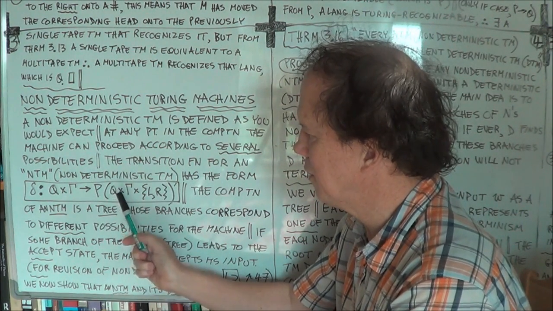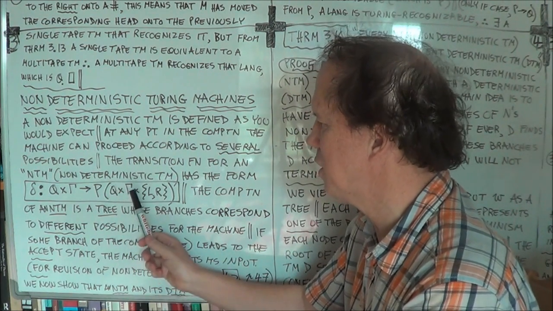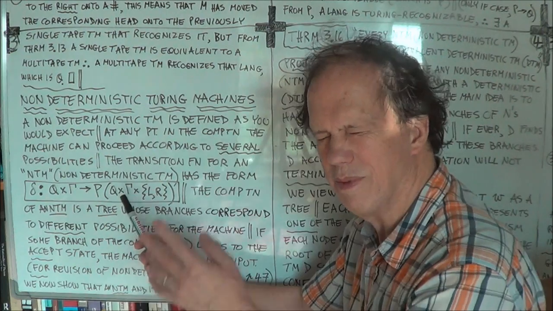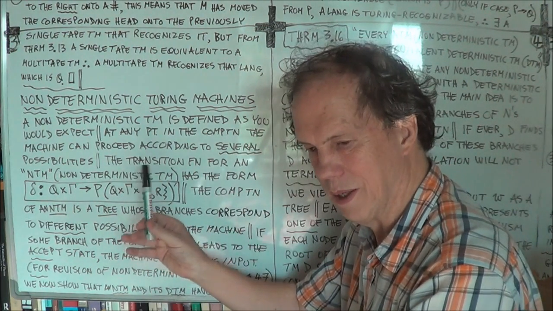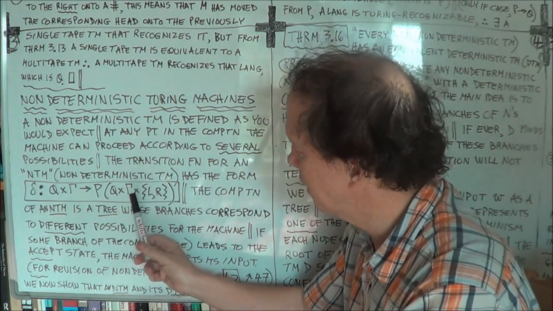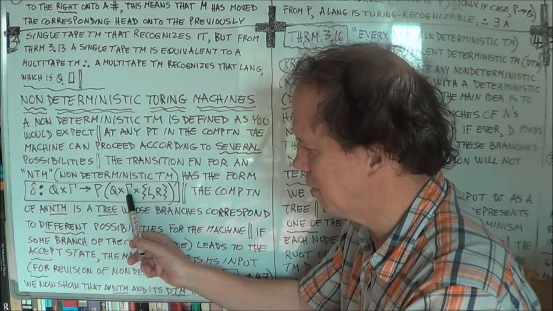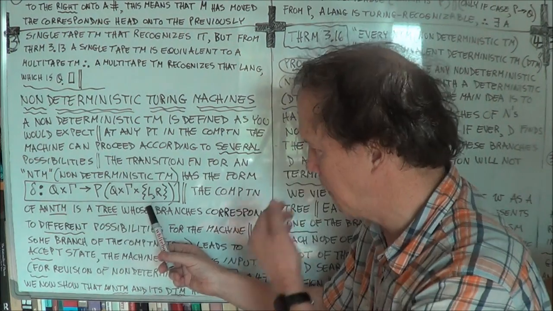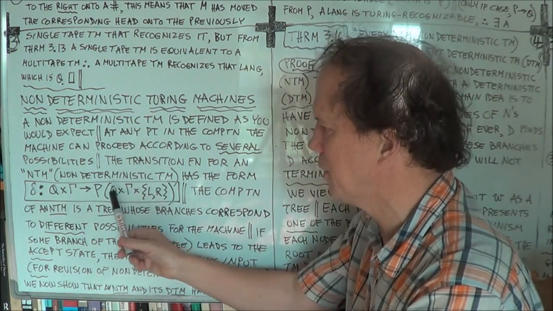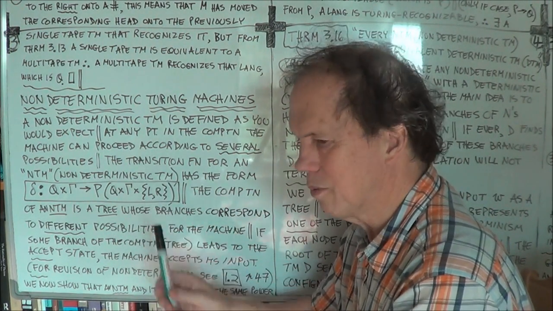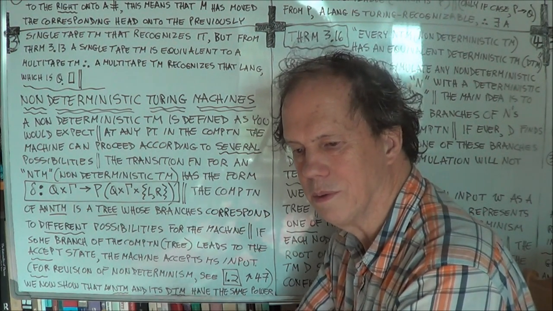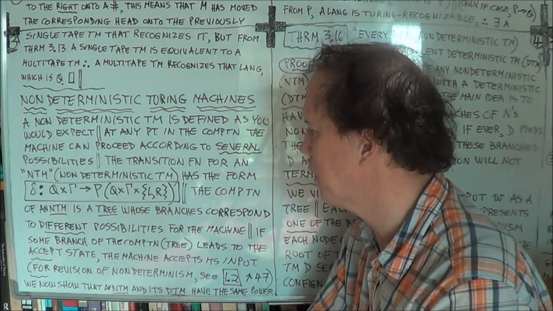So you can get non-determinism with the state changing, with the symbol to be written. I mean, not change, could be more than one of them. So you could have more than one possible symbol gets written, or it's all combinations, and you can have more than one possible move. You could have left or right, or all three of them, left or right.